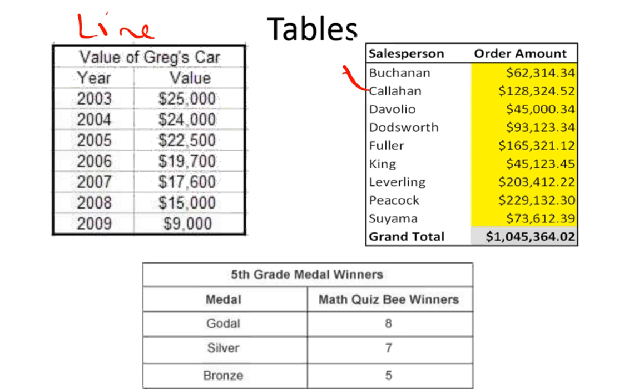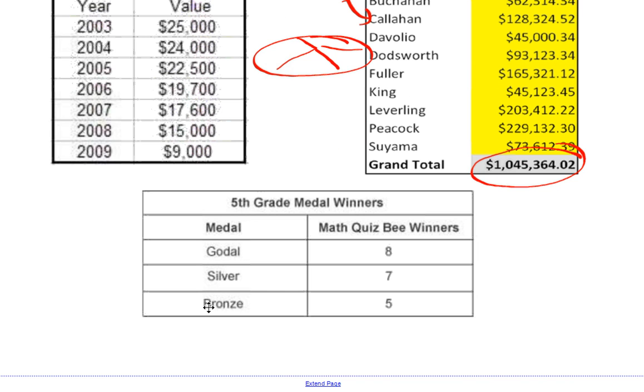These Buchanans and Callahans and DeValios, and well, the grand total's down here, and each one of them sold a part of the grand total, so perhaps a pie graph would be best. And then down here, fifth grade medal winners, gold, silver and bronze, and you can compare the number of gold medal winners and silver and bronze winners, and this would be a great thing for a bar graph.